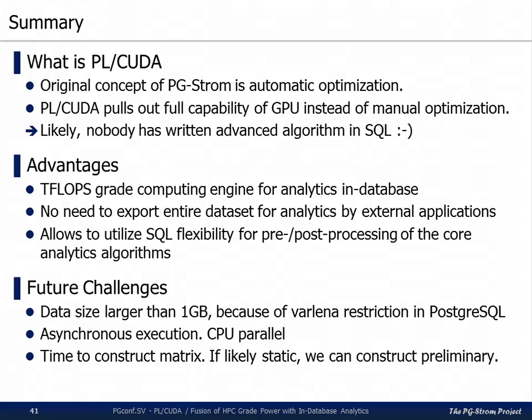And the time to construct the matrix is one headache for us. As an optimization technique, if the dataset is quite static, we can preliminarily build an array matrix on the database.